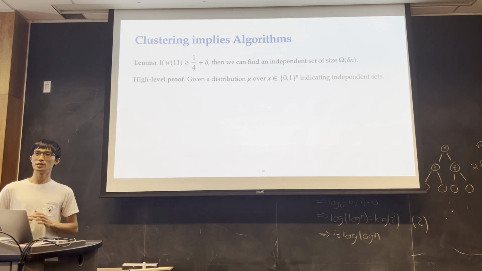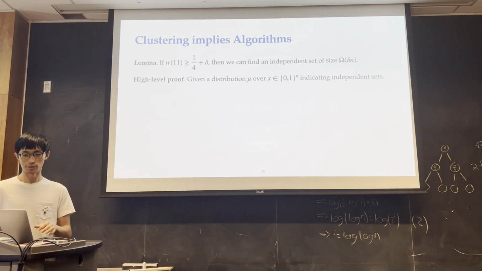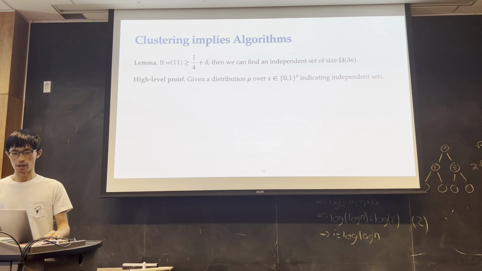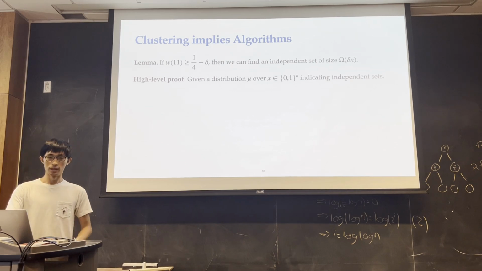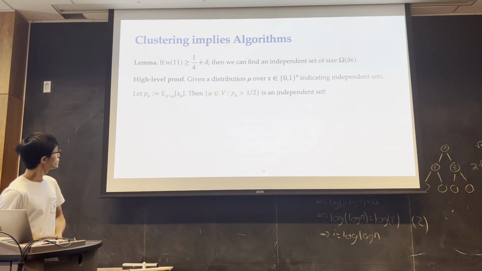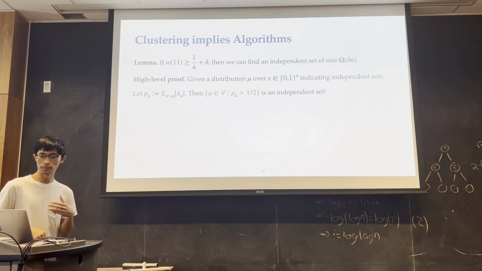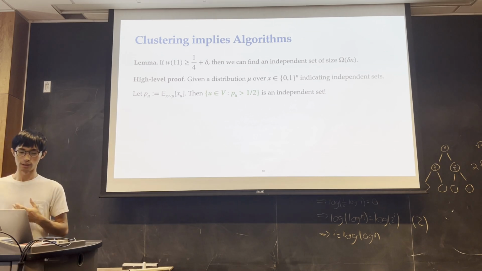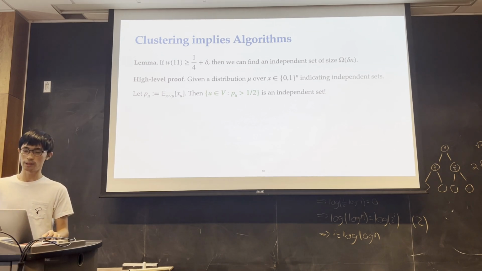I won't go into any sum of squares details. Let's just think of it as a distribution over independent sets, represented by 0, 1 vectors. Now we define Pu to be the probability that xu equals 1, so the probability that a vertex u is included in an independent set when you sample from mu.